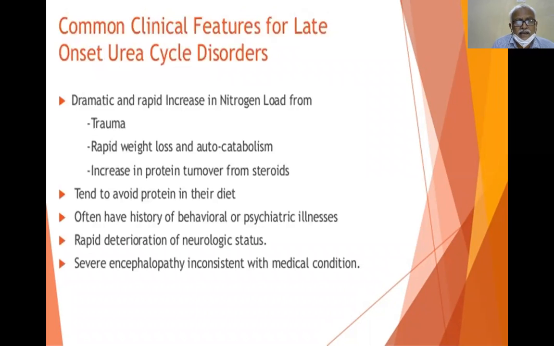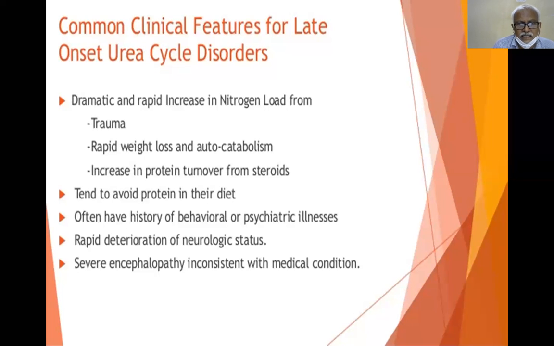So dramatic and rapid increase in nitrogen load from trauma. If they get injured and are admitted to hospital, there is a dramatic rapid increase in nitrogen load during trauma, rapid weight loss and autocatabolism, increase in protein turnover from steroids. They tend to avoid protein in their diet. They say they don't like a protein diet.